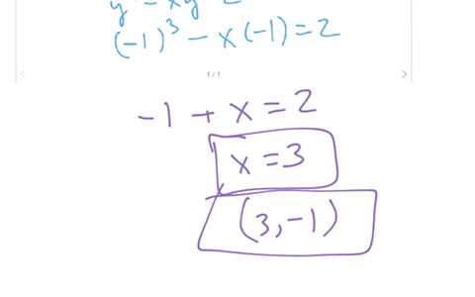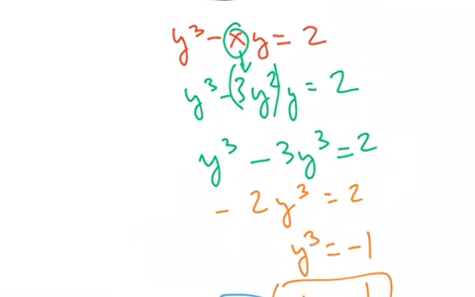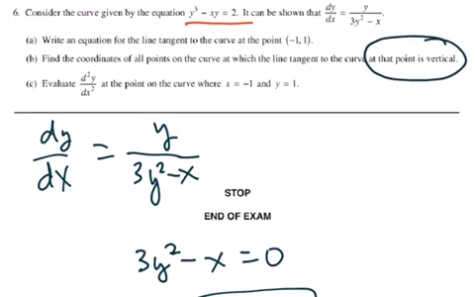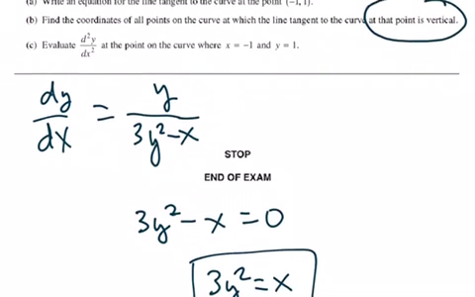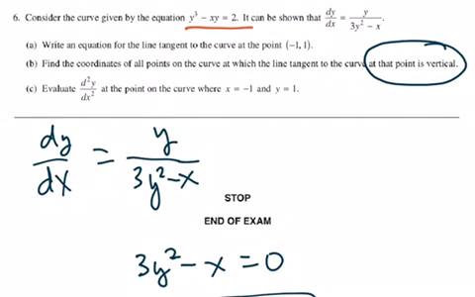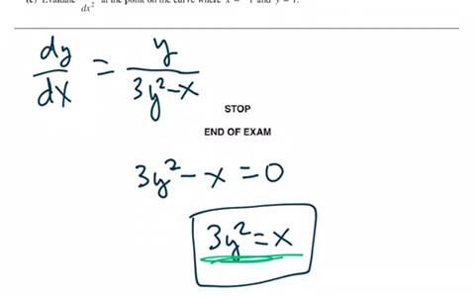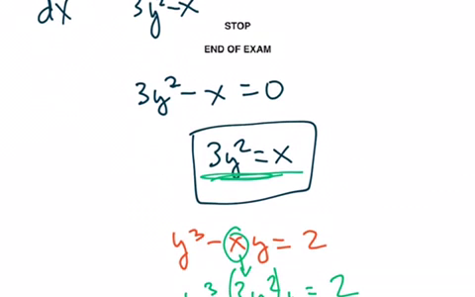So in summary, what did I do? We haven't faced a situation like this yet. This equation represents the slope. If it's vertical, it's undefined. When is this equation undefined? When the denominator is equal to 0. This establishes the relationship x equals 3y squared, which I used to solve the problem.